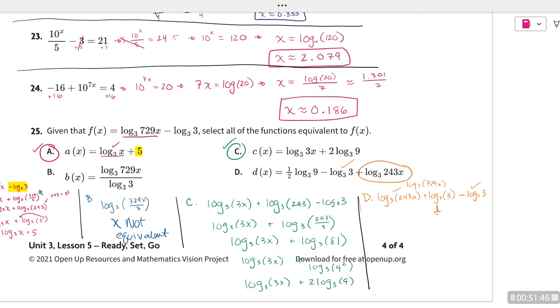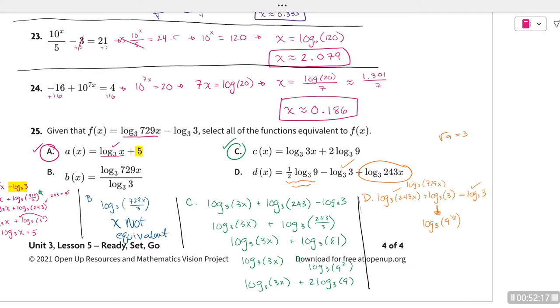So let's just manipulate this plus log base 3 of 3 and see, is this somehow equivalent to 1/2 log base 3 of 9? Well, if I wanted to change my 3 to a 9, I can't just change it. But log base 3 of 9 to the 1/2 power, the square root of 9 is 3. So I can change it to a 9 as long as I put a 1/2 exponent.